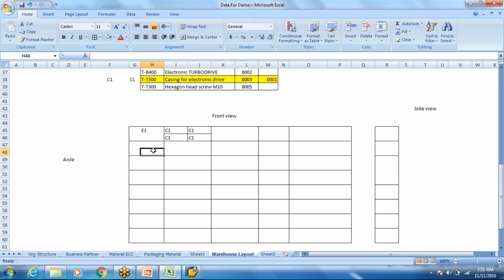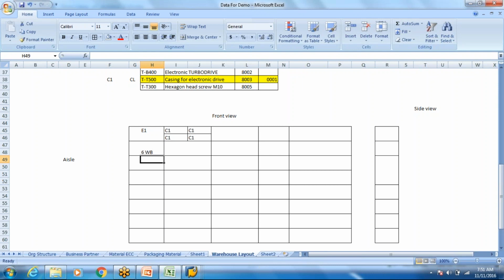Same bin, when I get wire baskets, I can store 6 wire baskets. So what we do here is, in a particular bin, we are defining how many pallets we can store of a particular kind.